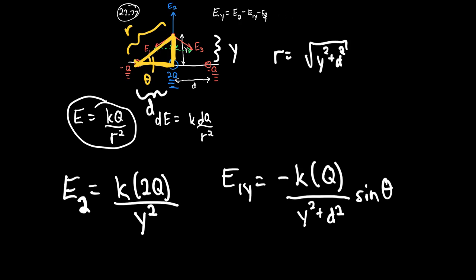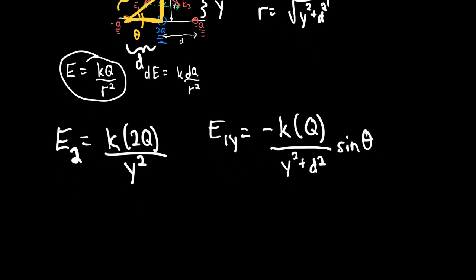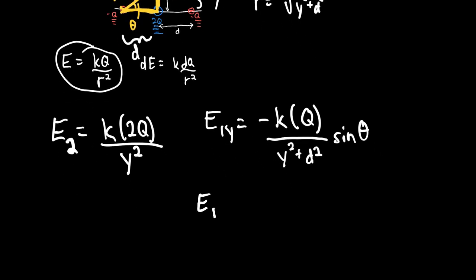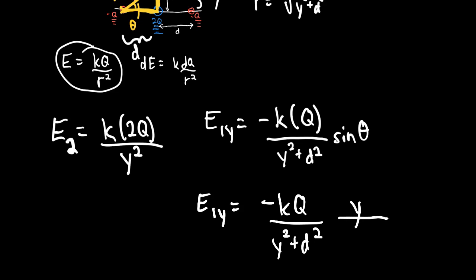Y over R. So E1Y is equal to negative k times q over y squared plus d squared, times y over square root of y squared plus d squared. Any questions on that?